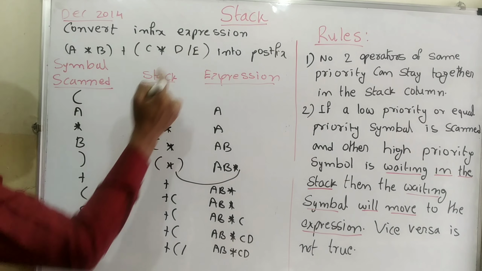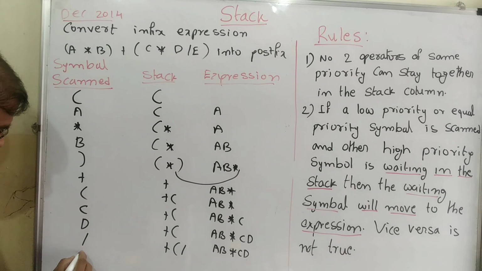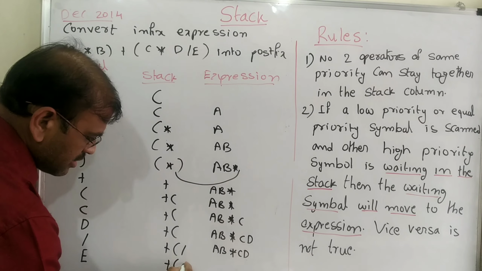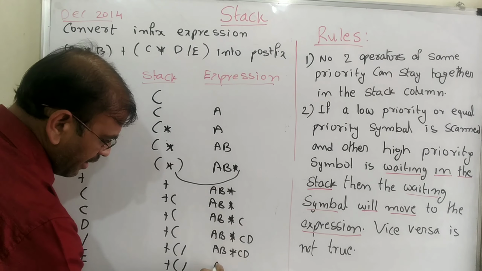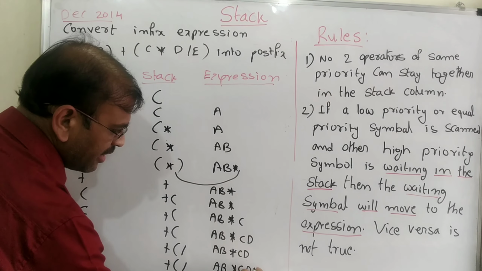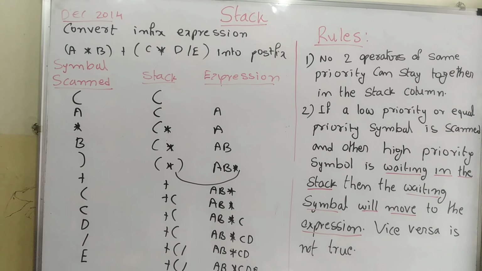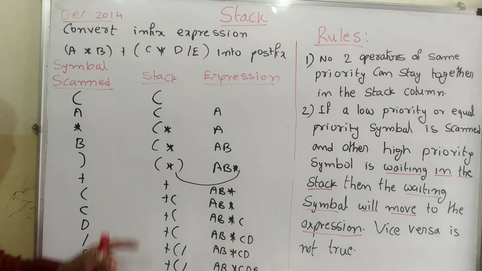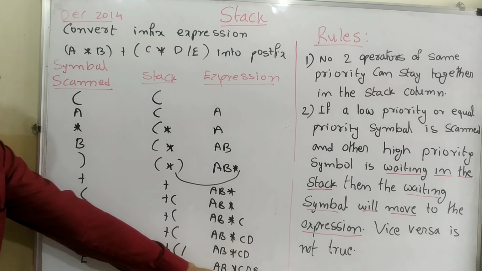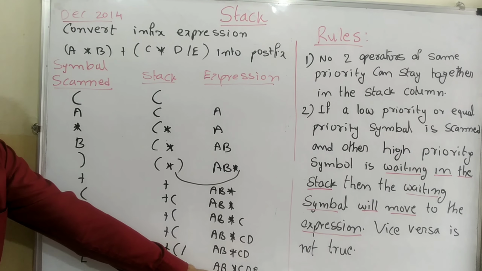The next we can see here is E. E I am writing like this. So plus opening bracket slash, AB multiplied by CDE. Here I have written the E value.